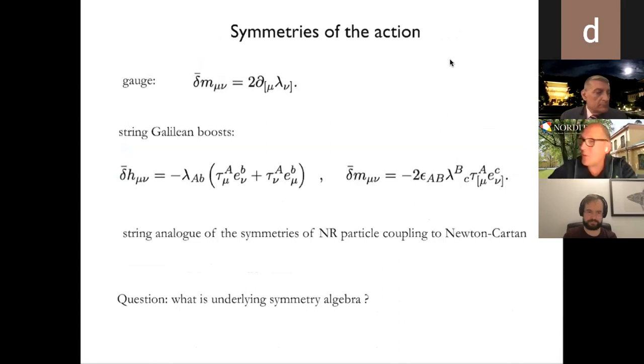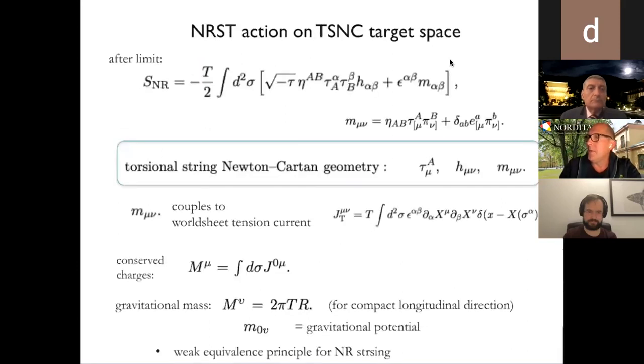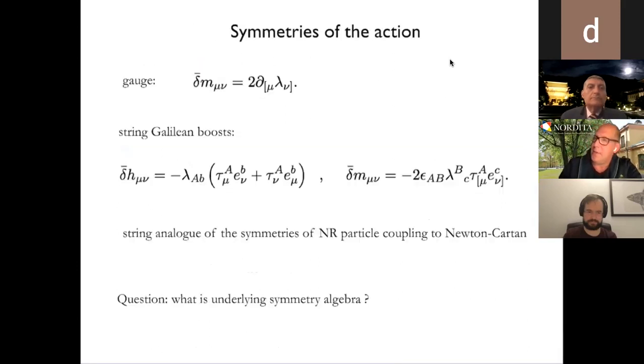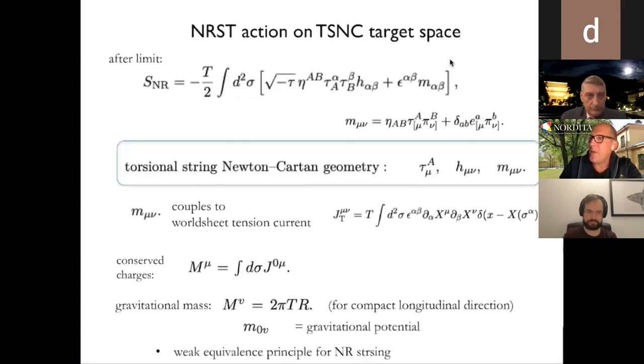Now, once you have an action, we also, of course, want to know the symmetries. This action obviously has a gauge symmetry acting on the two-form. But what's rather non-trivial is that it has a string Galilean boost symmetry that mixes these two terms, but in such a way that the sum is 0.